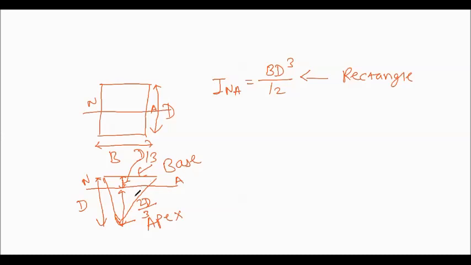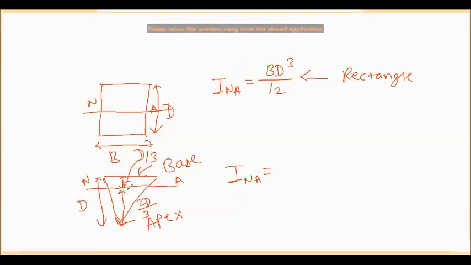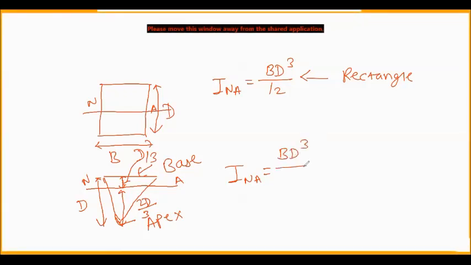So if the bulkhead is triangular, how much will be the INA? In this case, the INA will be BD cube by 36. This is applicable for the triangle.